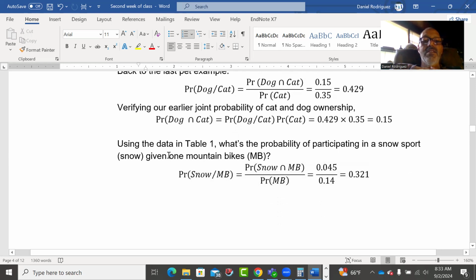So let's see, using the data in table 1, what's the probability of participating in a snow sport given one mountain bikes? Okay, so this is important now. You have to be able to do all this stuff on your own using a table. So I need to know what's the probability of participating in a snow sport and mountain biking.